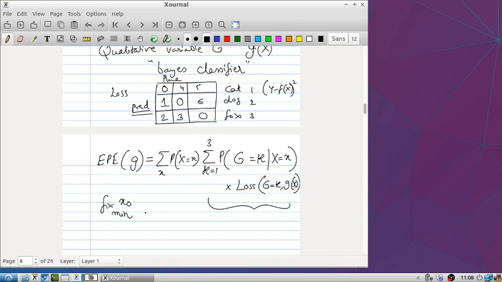We can minimize the sum over k equal to, let's say, 1 to 3, of p of g is equal to k, given x is equal to x0, times the loss of g is equal to k, and I think last time I used value z, minimize over z. Just like before, since I don't restrict my classifier.